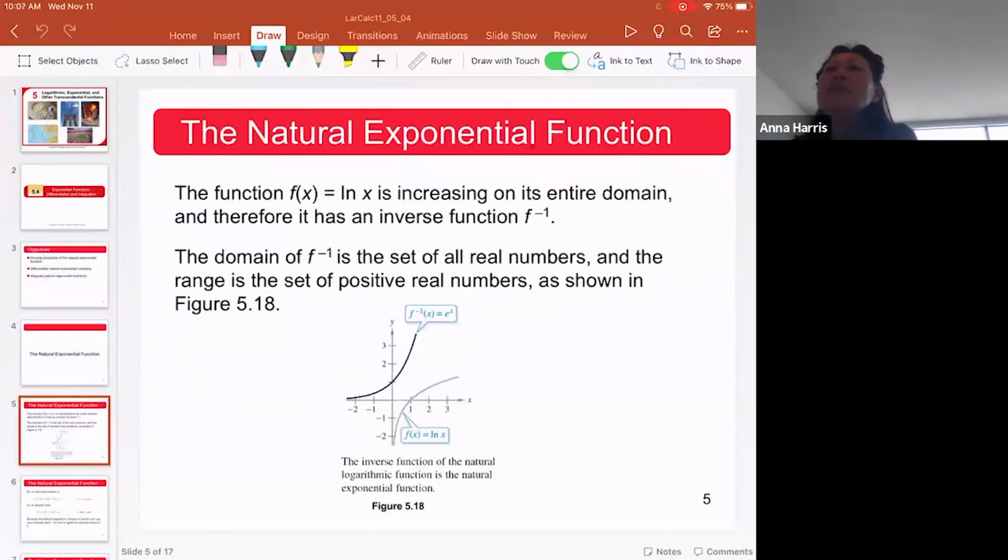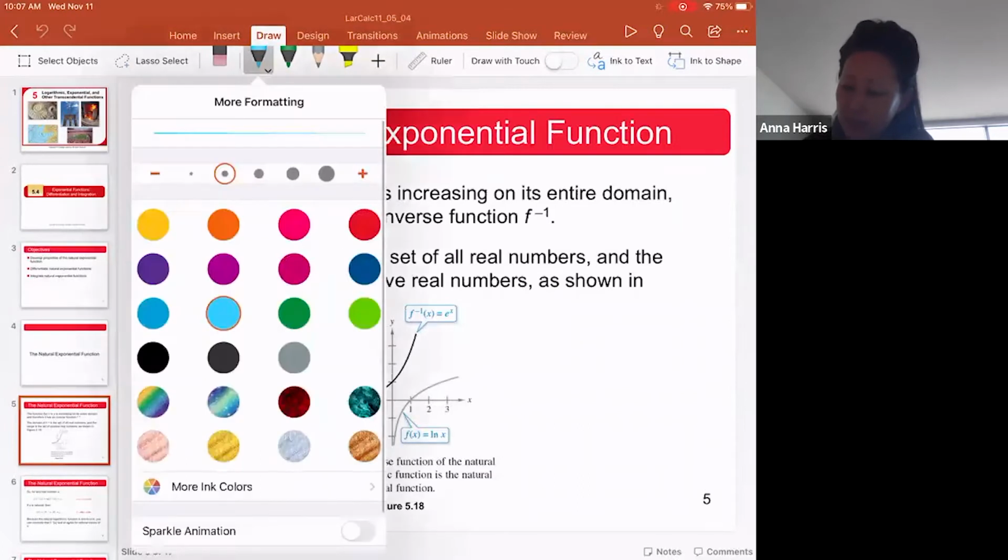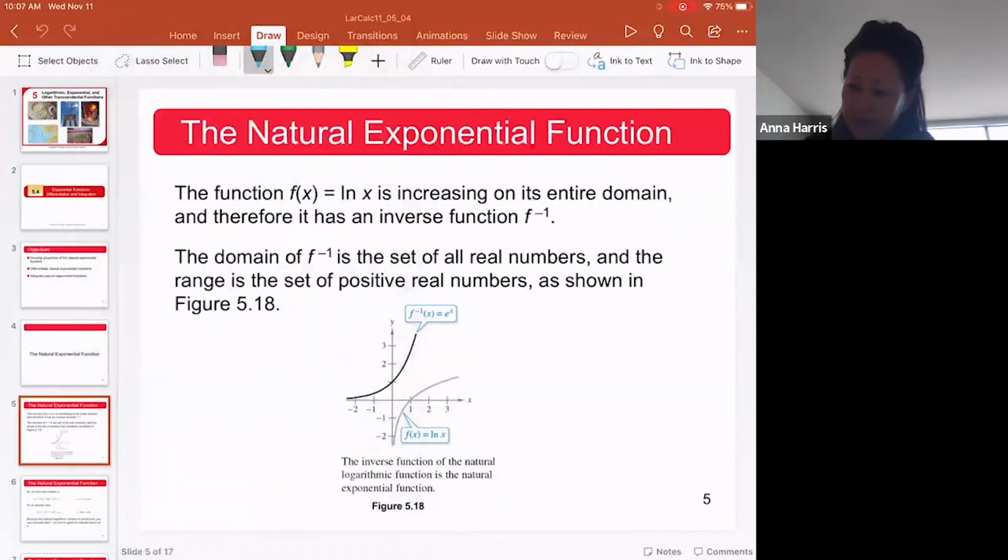The function f of x equal to natural log of x is increasing on its entire domain. It is true, as you can see. This right here, it's increasing on the entire domain.